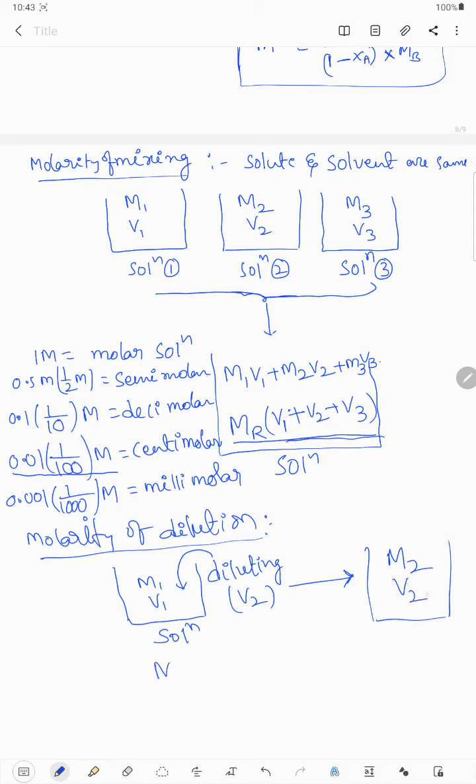Then the formula is M1 V1 equal to M2 V2. So this is the formula for molarity of dilution.